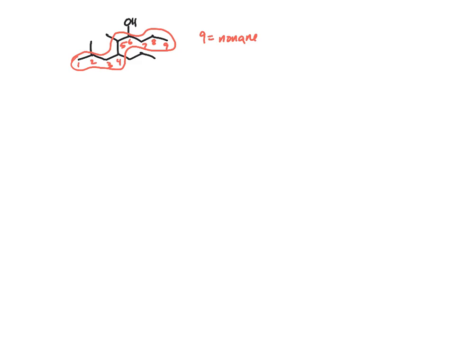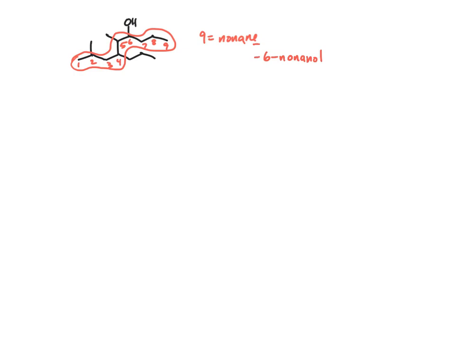So we can sort of build this name, I guess, backwards in a way. So it would be 6. So instead of nonane, we're going to drop this E and add OL. The 6th position tells you where that hydroxy group is. We have methyl and propyl.